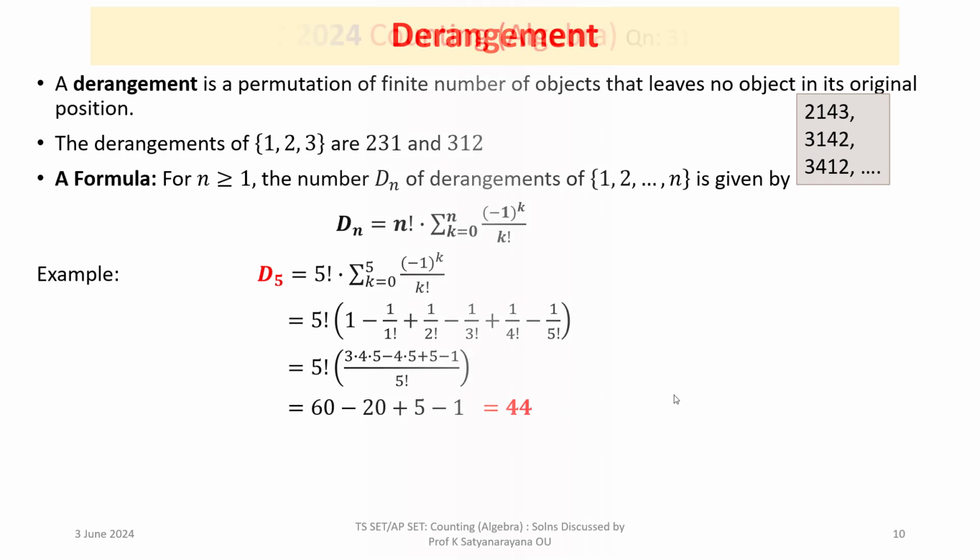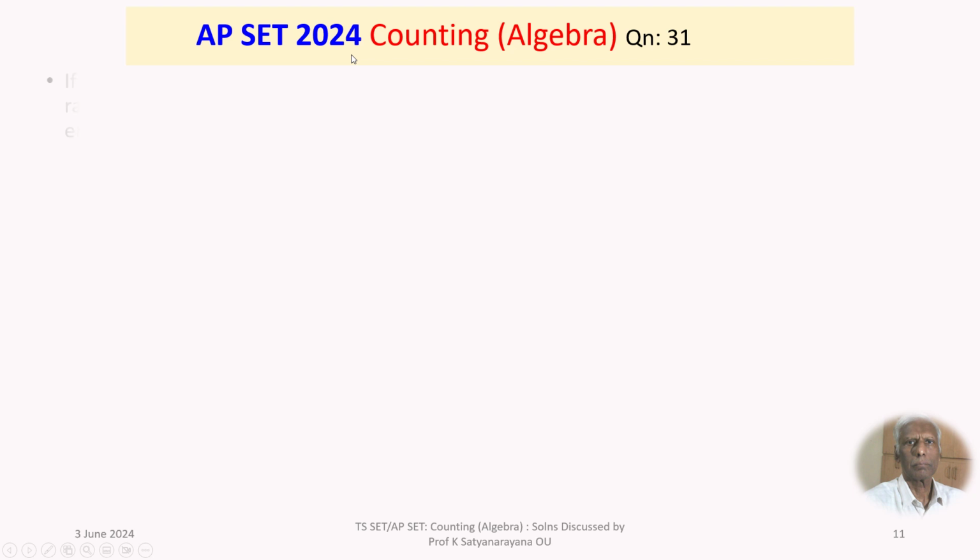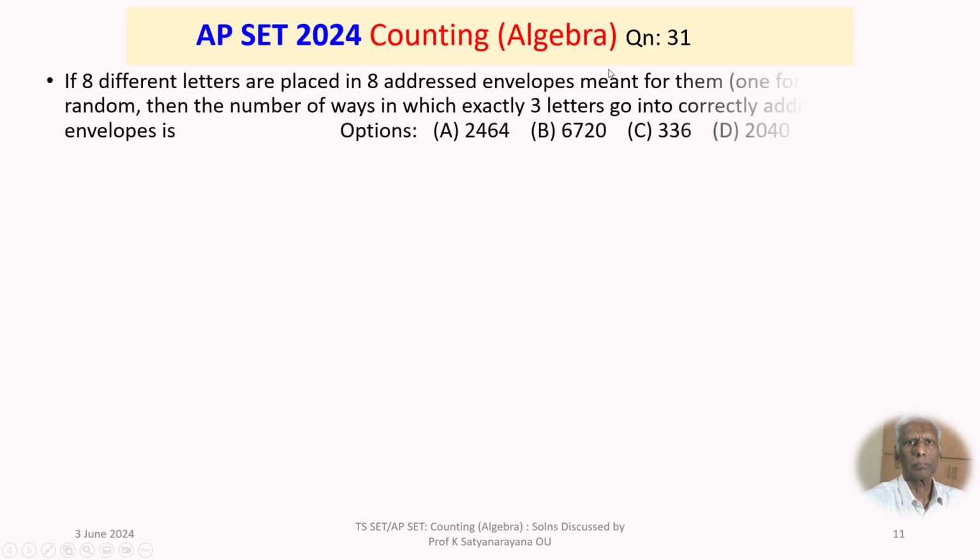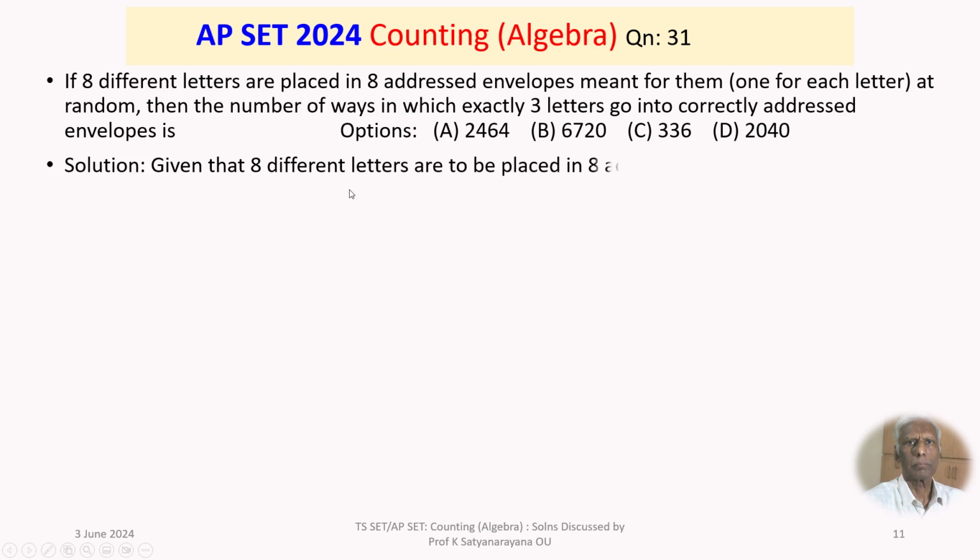Let's get back to that question of AP SET 2024 on counting, which bears the question number 31. This is the question. We are given 8 different letters, and those 8 different letters are to be placed in 8 addressed envelopes at random.